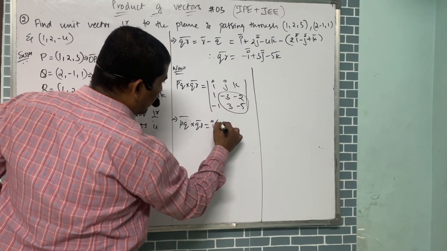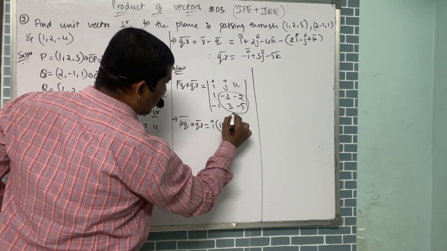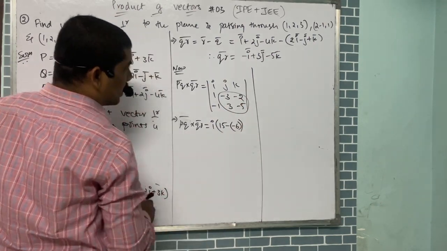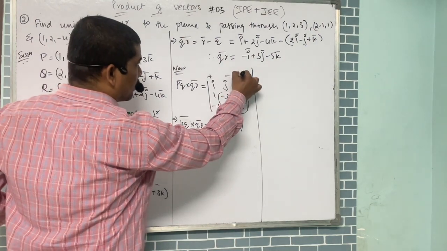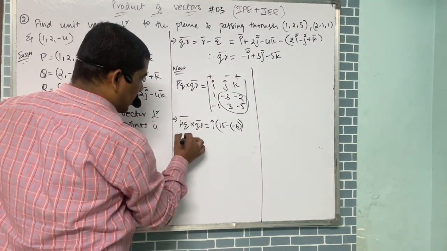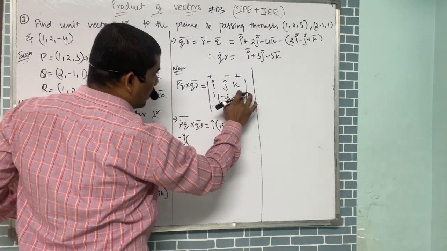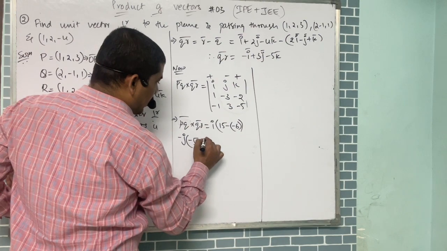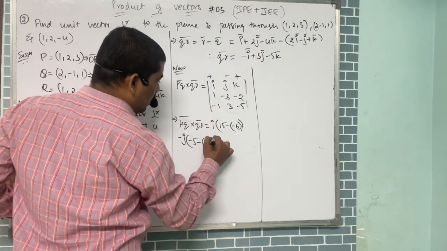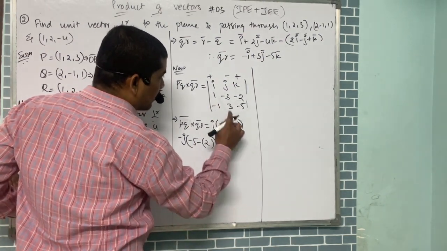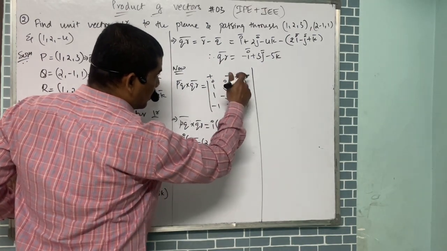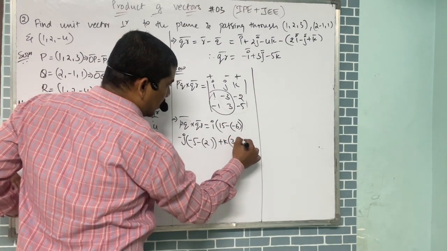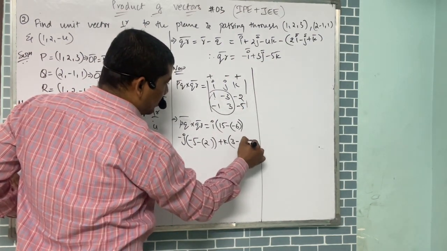Minus 3 into minus 5, 15, minus 2 into 3, minus 6. Next, minus j, AD: minus 5, minus BC: 2. Plus k means I leave this row and this column, and focus on AD minus BC: minus 3 minus 1 into 3.